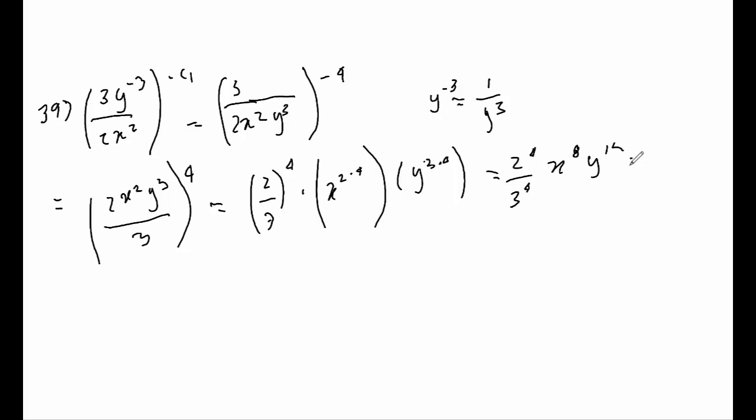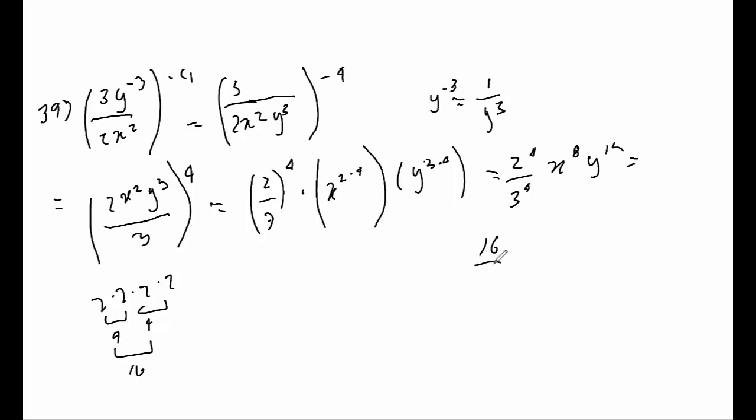Then 2 to the 4th is 2 times 2 times 2 times 2, so that's 4, 4, so that's 16, so I'm going to get 16 on top.